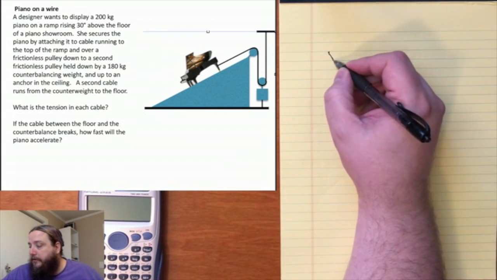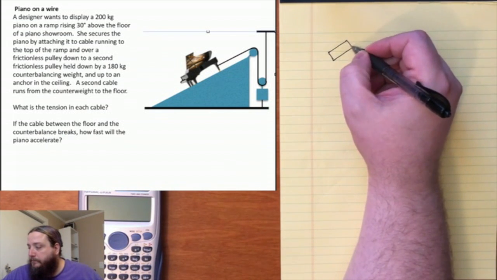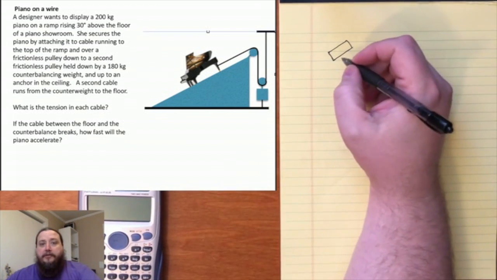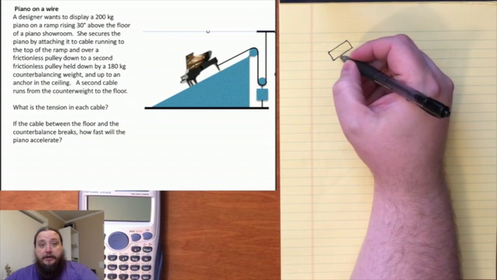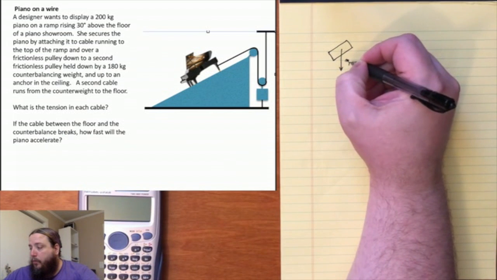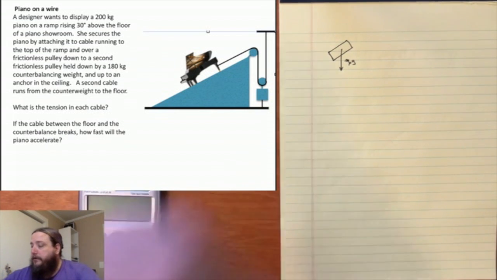One for the piano here, and then we'll also have to do one for the other potentially moving object, which is our counterbalance. All right, so the forces acting on our piano, well, there's a weight, gravitational force of the piano pushing straight downward.